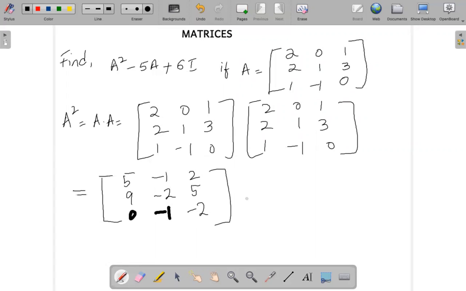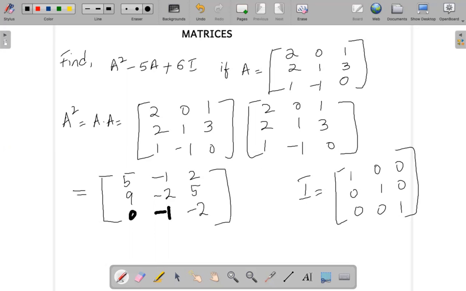Now we know that I is nothing but the identity matrix: 1 0 0, 0 1 0, 0 0 1. Let us substitute everything there.